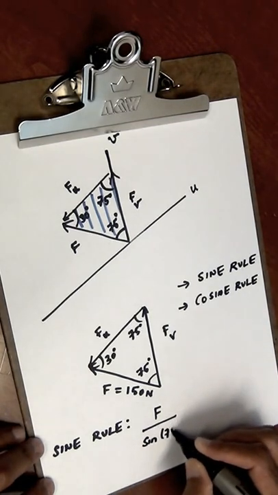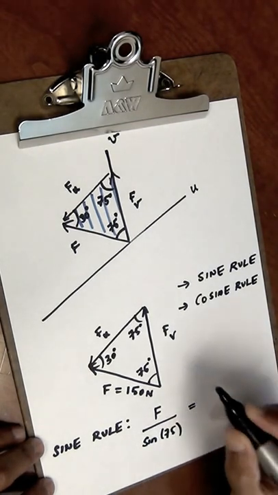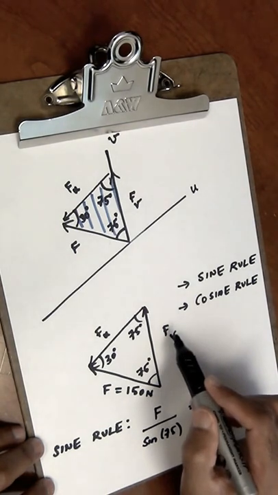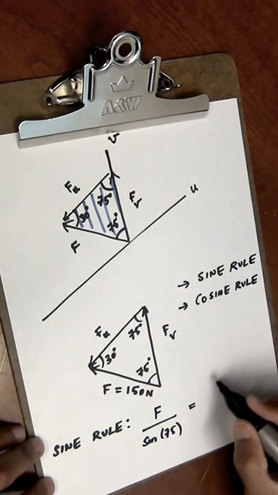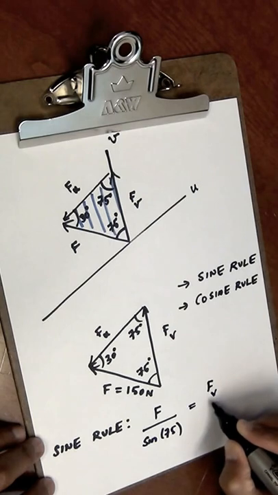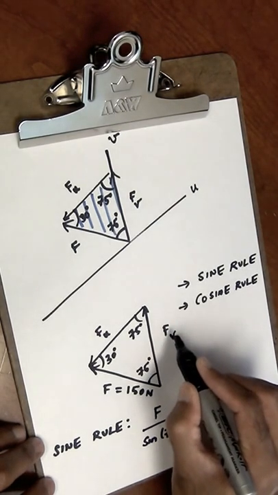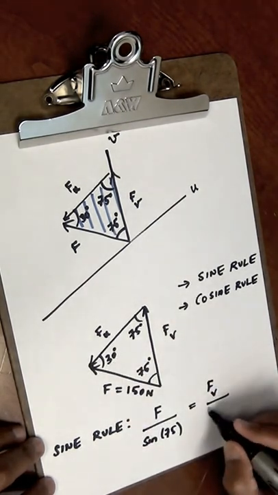So this is sine 75. This has to be equal to the ratio of, let me take any one of the other sides, which is F suffix v, let's say, divided by the sine of the angle opposite to F suffix v, which is sine 30.